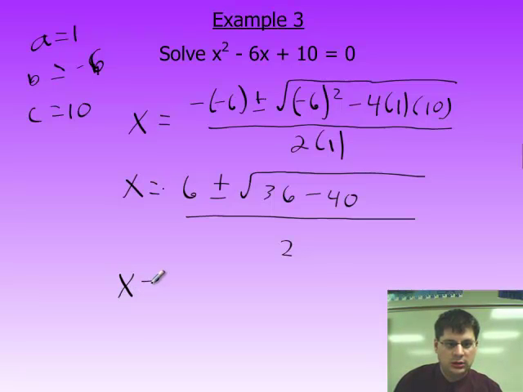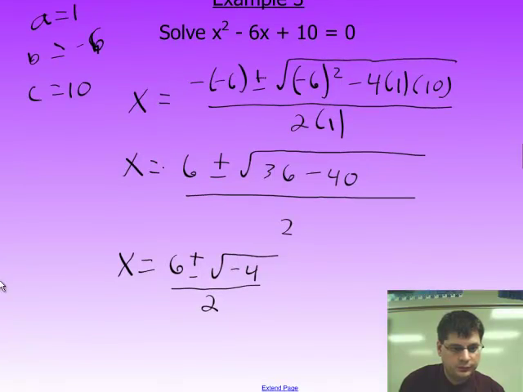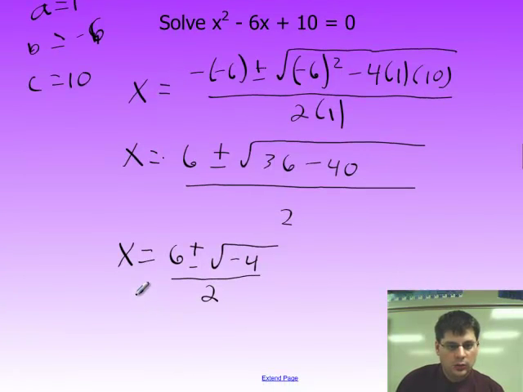So x equals, and I'm seeing that I have a negative in our radical, in our square root, over 2. Well, when I simplify this, I'm going to simplify the square root of negative 4, so I have to evaluate the imaginary number.